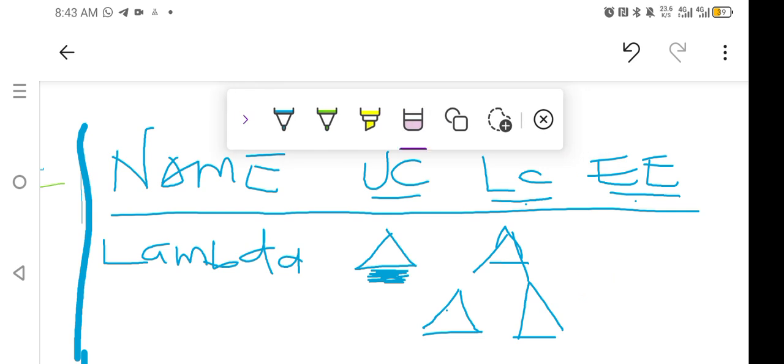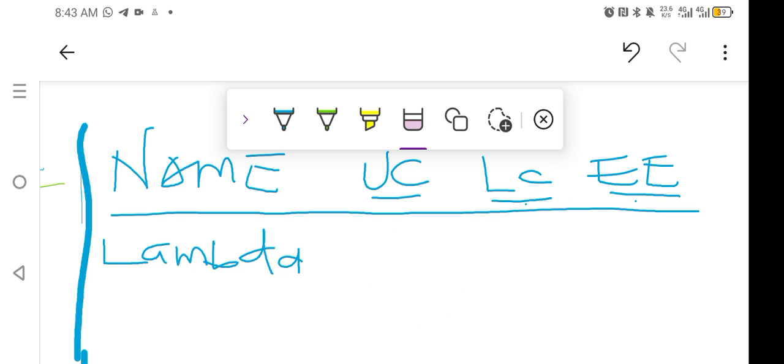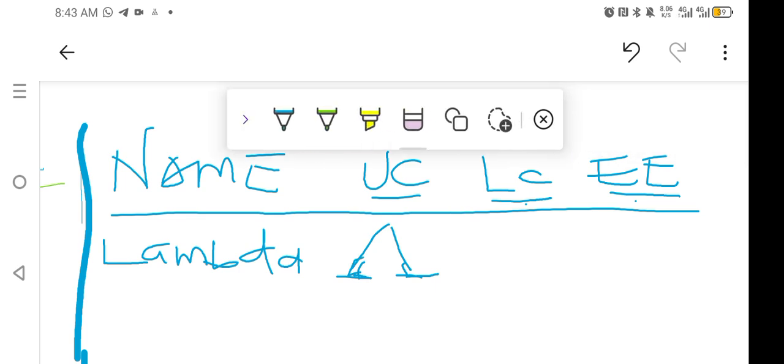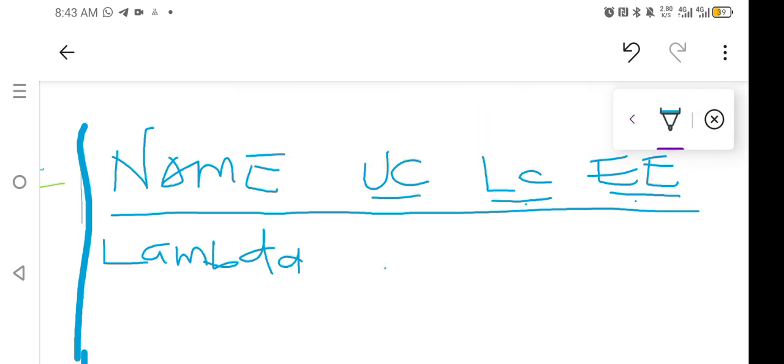That is lambda in the uppercase. So let's do it. Lambda. And like I've said, you'd probably have a base to that, and if you are using an ink pen, it will probably look slightly better. So that is uppercase lambda.